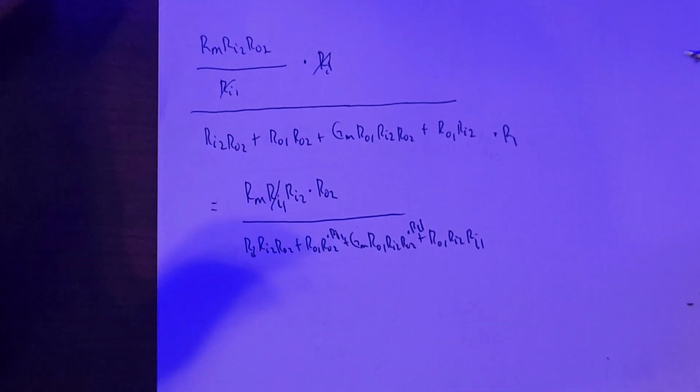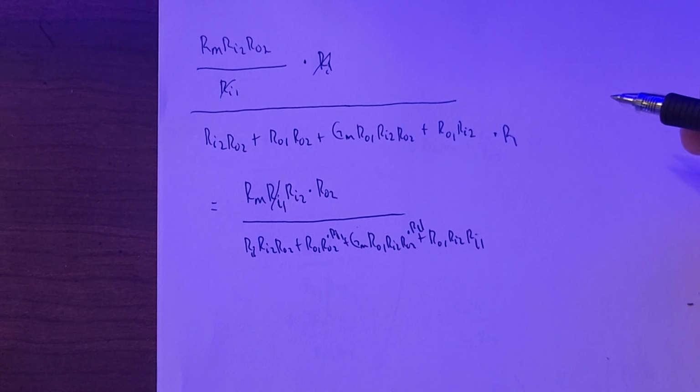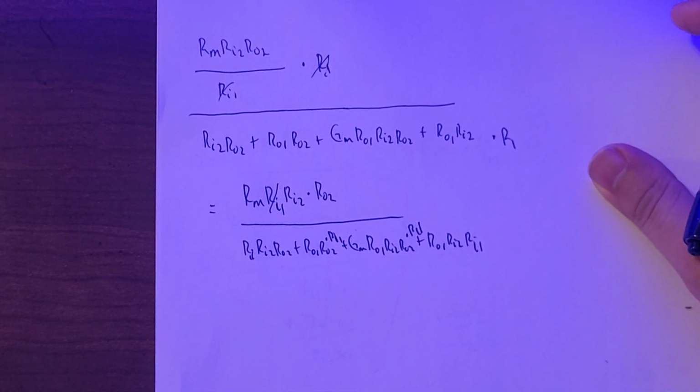Okay. From here, I guess, I mean, you would be able to just plug it in. Now, I'm looking at the answer. I mean, it's going to give you the same answer. They just simplified greatly because they said Ri2 was very, very large.